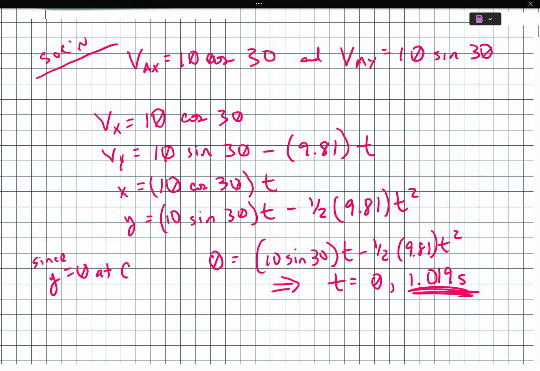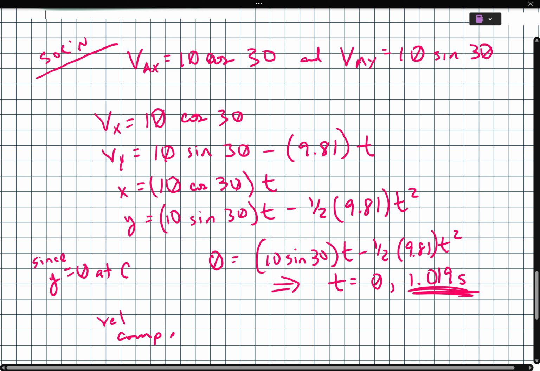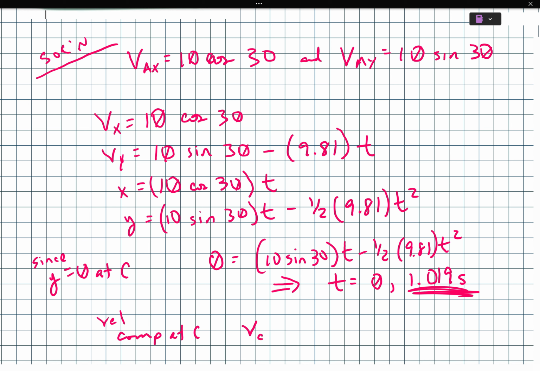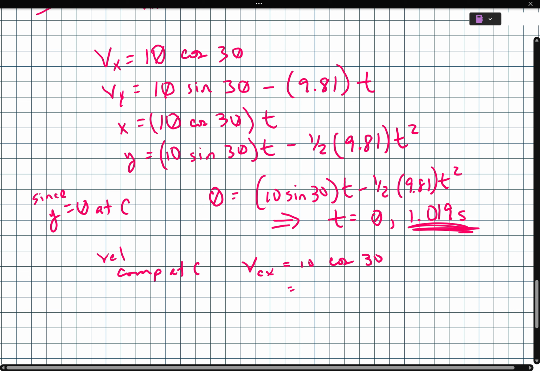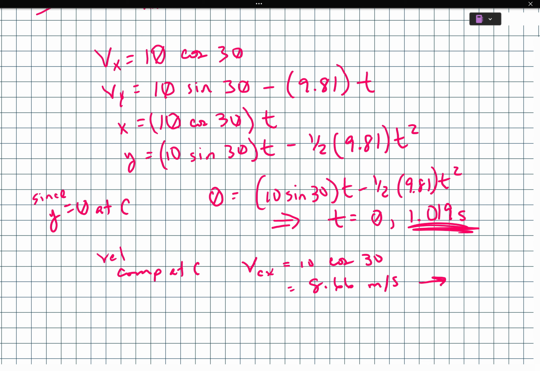Velocity components at C. Let's see what they are. V of Cx equals 10 cosine 30, so that's going to give us 8.66 meters per second in that horizontal direction.